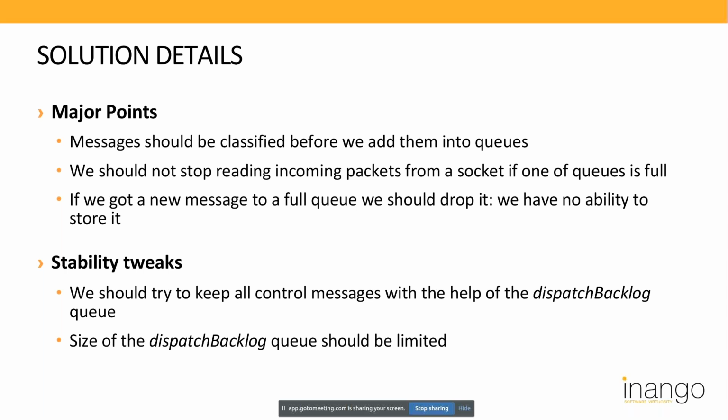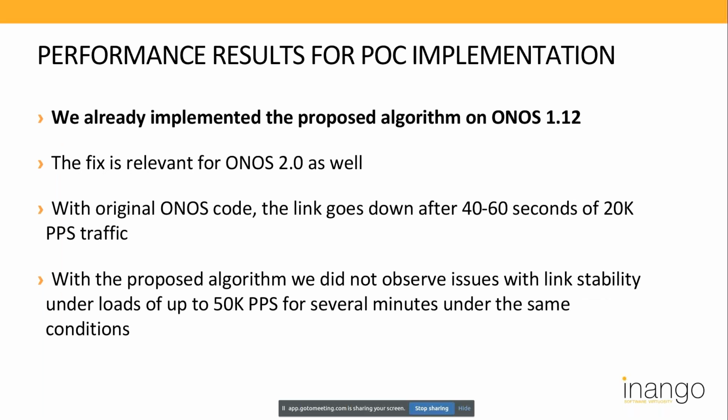We suggest to create a stability tweak to store only control messages, so messages that are not packet-in type, in the dispatch backlog if these messages are targeted to the default queue.